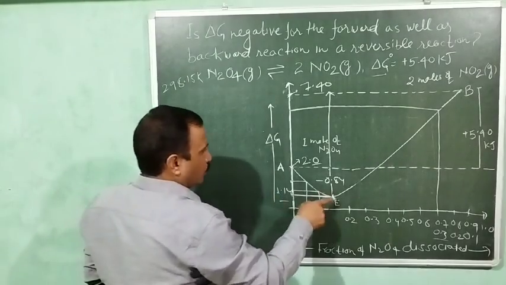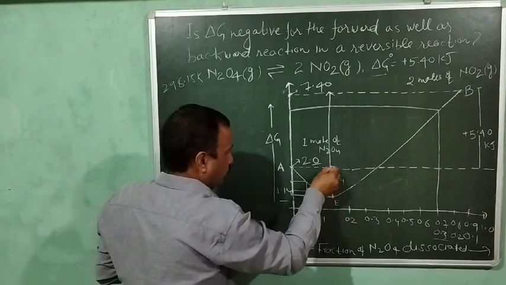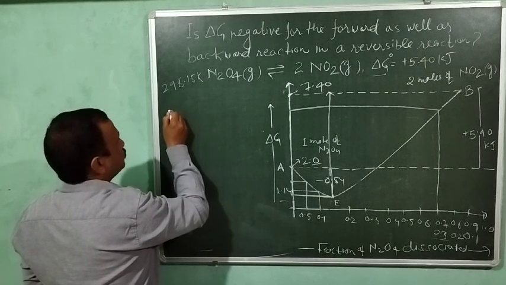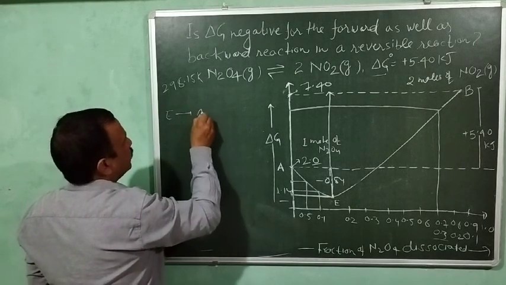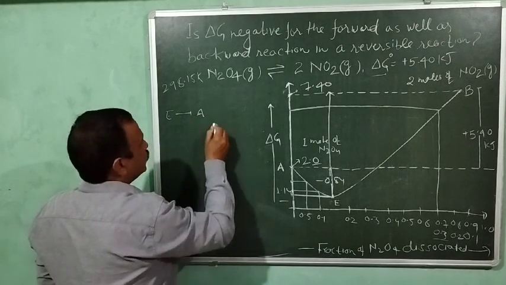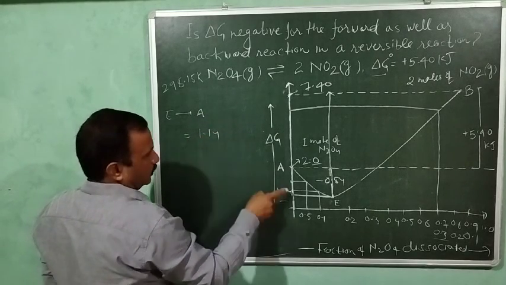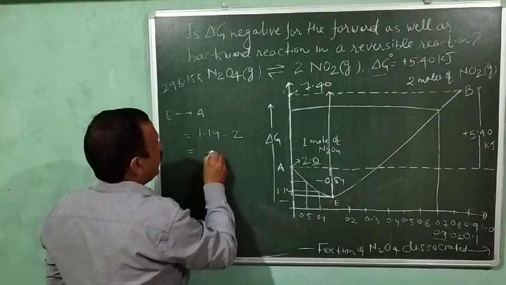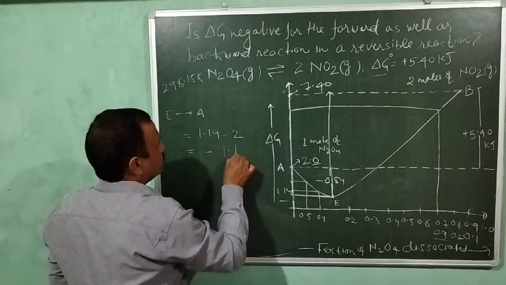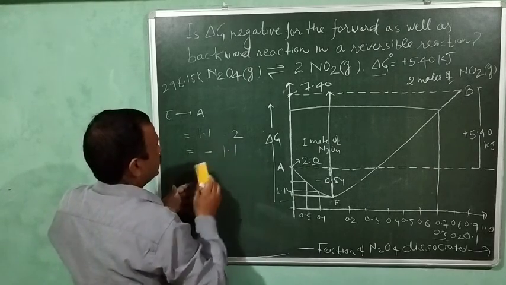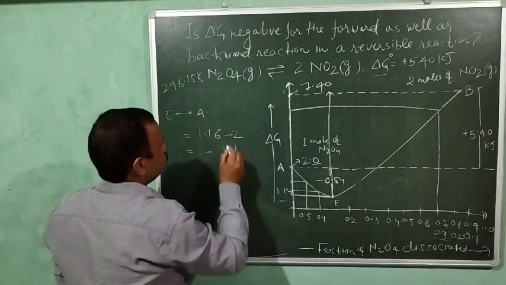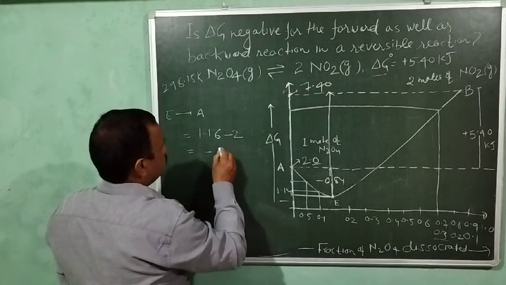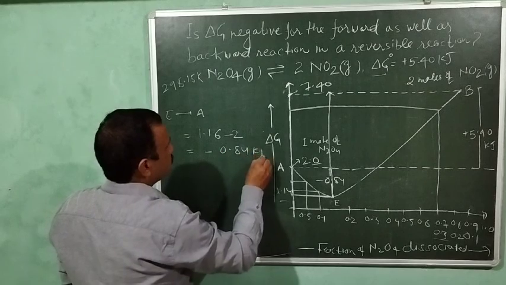Okay, so from E to A the free energy change is 1.14 minus 2, and it was equal to minus 0.84 kilojoules.